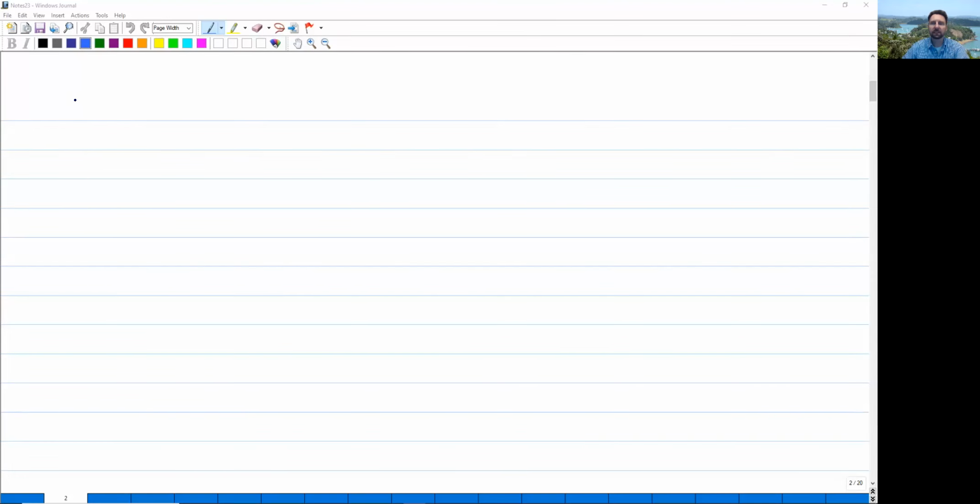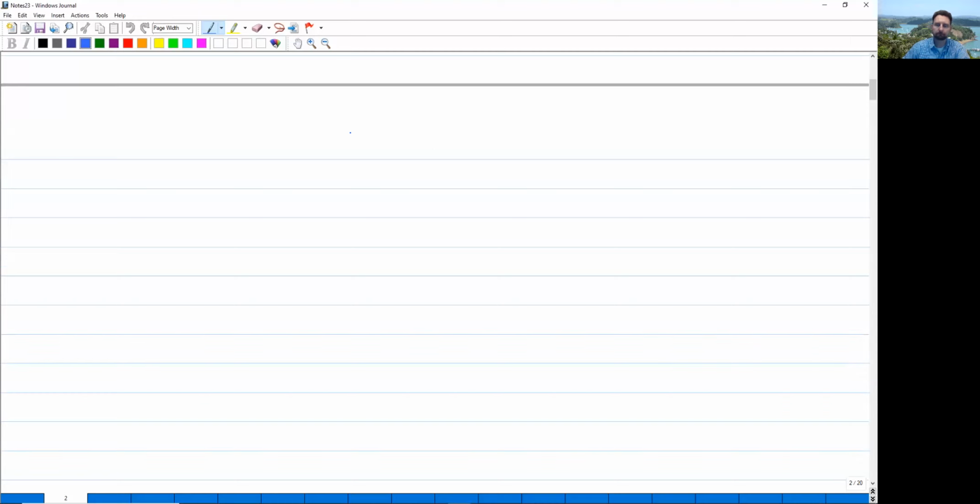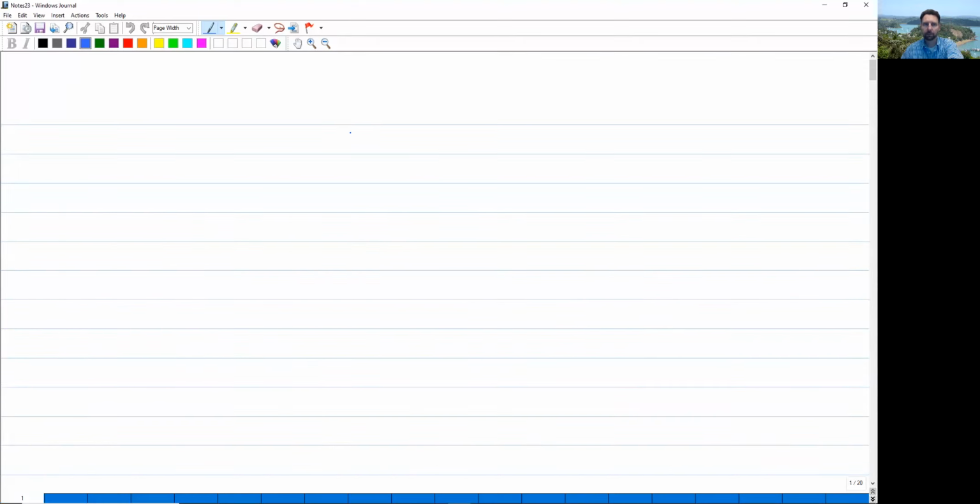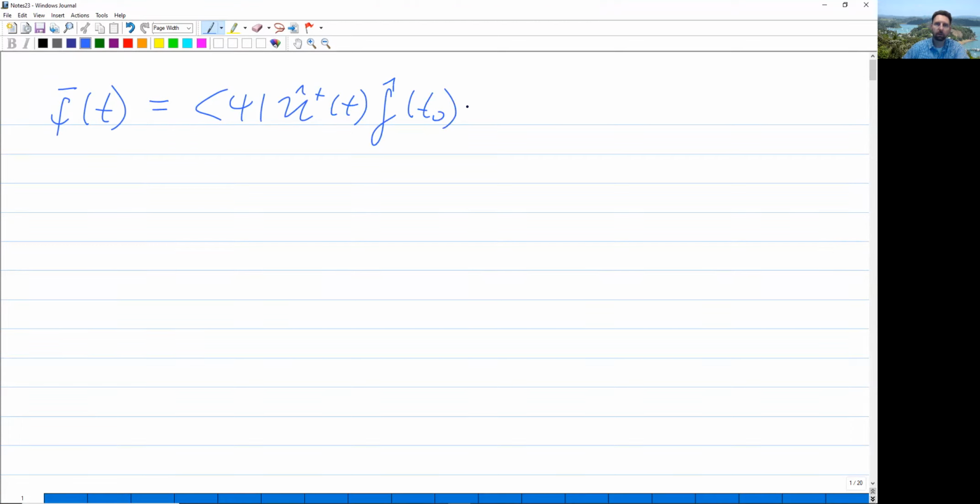So far, we have seen multiple ways to calculate quantum mechanical predictions, namely... Okay, so we can write f bar of t, the expectation value for some observable, always in this way: time evolution operator, and then f hat of t naught, time evolution operator, psi.